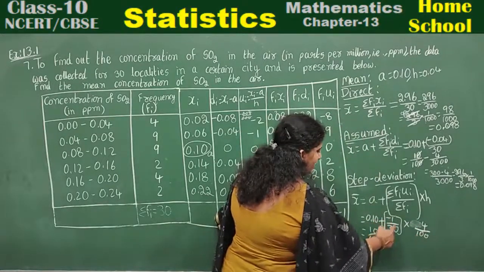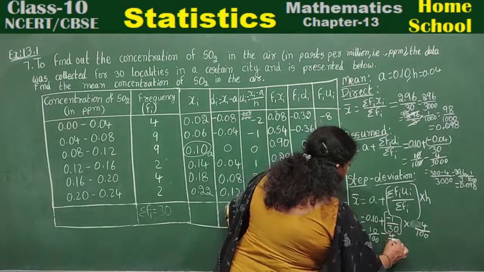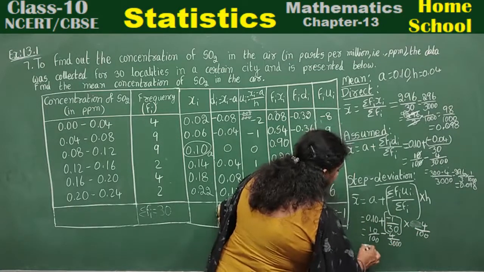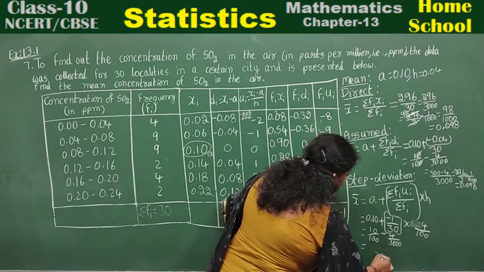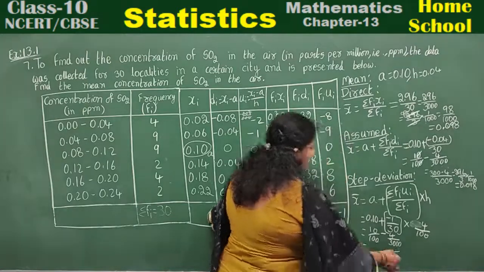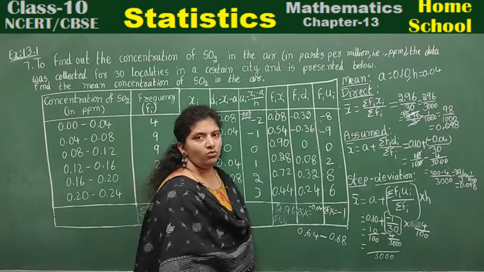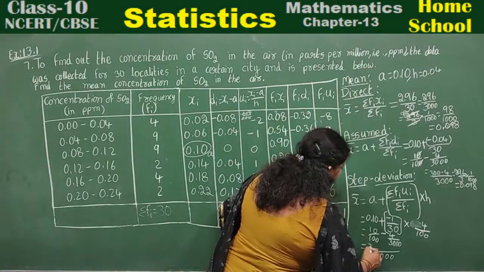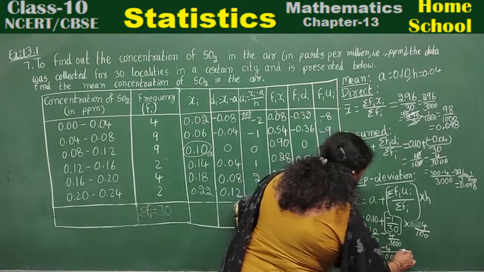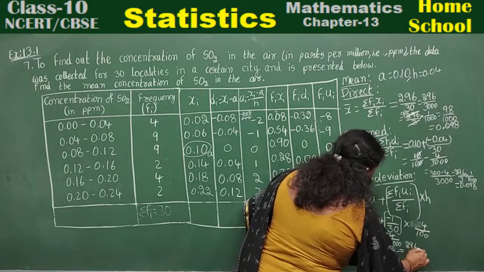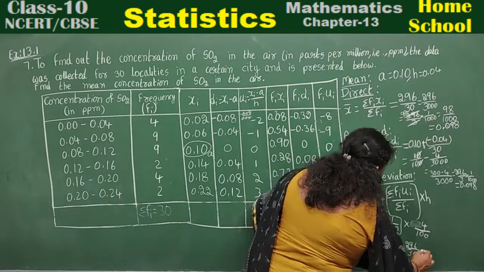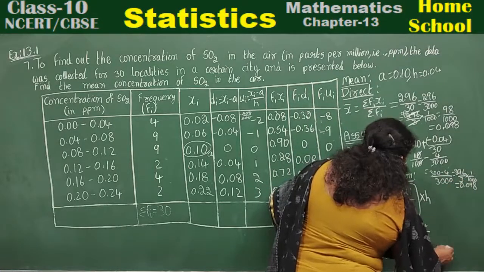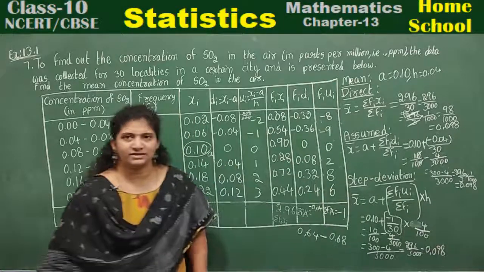Plus into minus, minus. 1 into 4, 4. 30 into 100, 3000. 10 minus 4. Let's do the LCM here. 3000. 100 is already there, so what do we need to multiply here? 30. 30 into 10, 300 minus 4. It will be 296 by 3000. Look here, 296 by 3000, how much? 0.098 ppm is your answer.